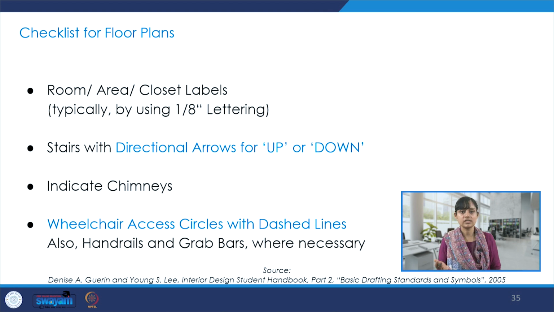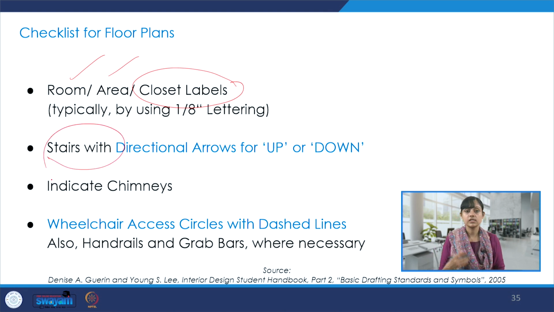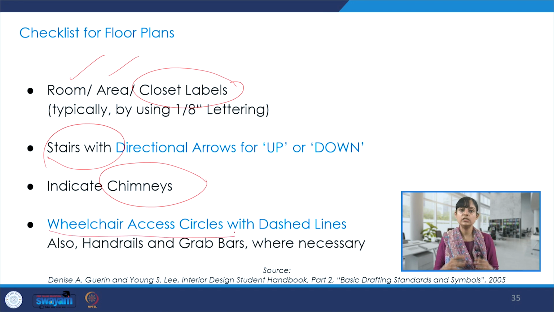And of course, the different rooms and different spaces within the project, the drawings that we have produced, what are those different spaces that we have demarcated, the positioning of the staircases, and then giving the directional arrows which show the up and down, which side the staircase is leading us to, if there are chimneys and fireplaces, and then of course also considering universal accessibility, and showing the wheelchair access circle.